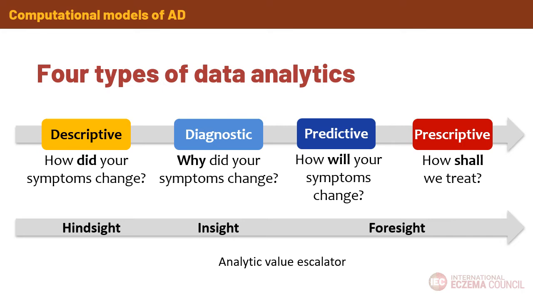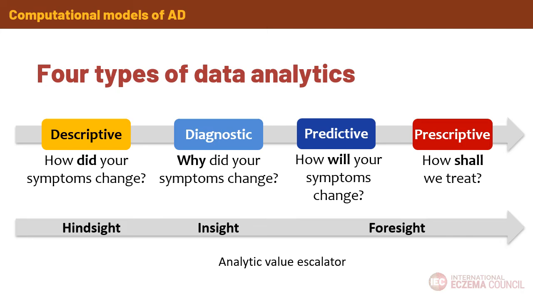We can then predict what would happen based on what we learned from the past. In our case, understanding of the mechanisms will make it possible to predict how your AD symptoms change in future. Finally, using the prediction, we can prescribe how can we make the desired changes happen. For example, which treatment we should use to achieve the disease remission or to avoid AD flares.